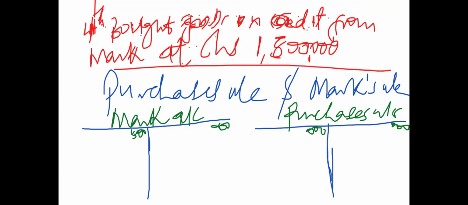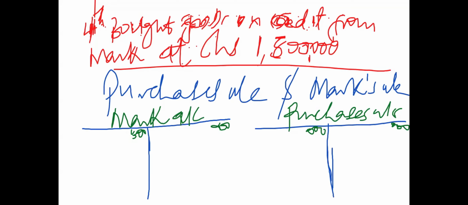And in this case, Mark is giving out the goods, and we, the business, are receiving the goods. And because Mark is giving the goods out on credit, Mark is going to be credited because he's the one giving out. We are going to debit ourselves, then we credit Mark's account.